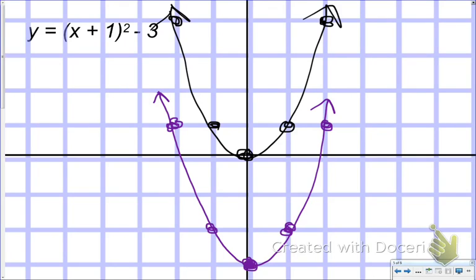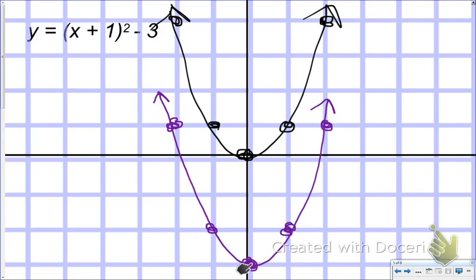I need to figure out what this 1 does to my graph. So, Joel, can you tell me what the 1 does to my graph? I hear it goes left 1 unit. Okay. The 1 is inside of the parentheses, so that means it's a horizontal shift. And the fact that it's a 1 means that it's 1 unit to the left because it goes in the negative direction. So I'm going to do these in red.